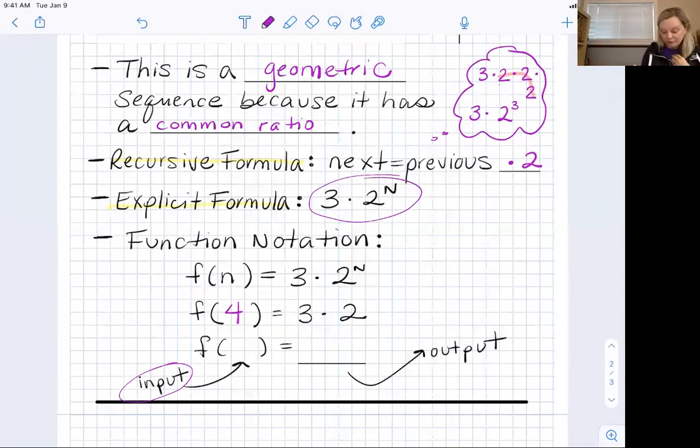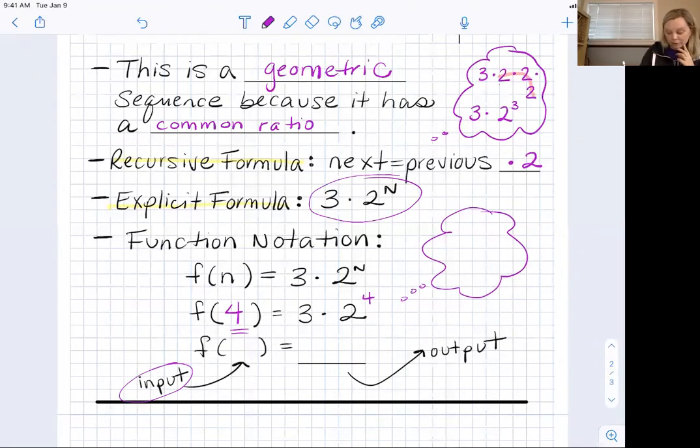So in this case, with our explicit function, we take 3 times 2 to the n power, and if n is 4, then we will raise 2 to the 4th power and then multiply it by 3. So let's think a little bit about what 2 to the 4th power means.